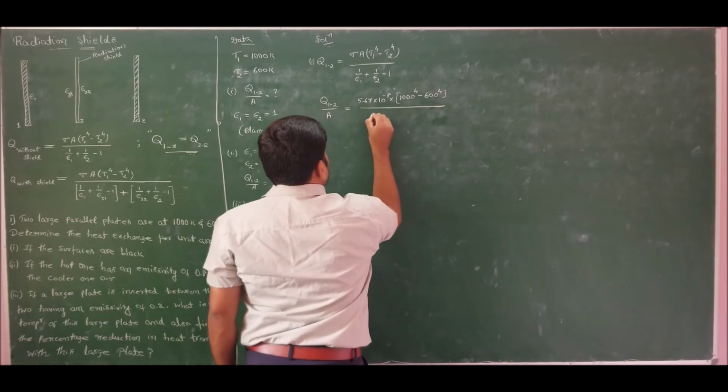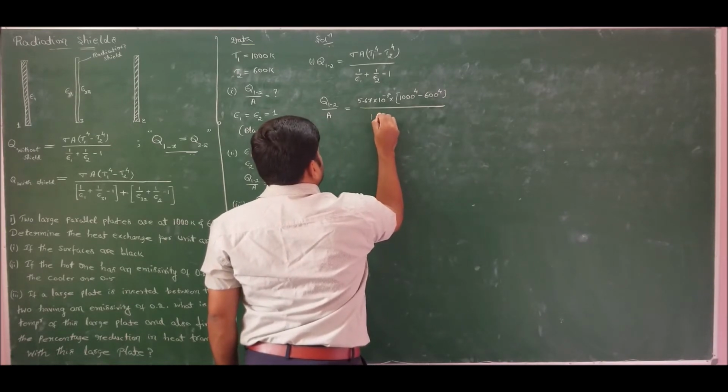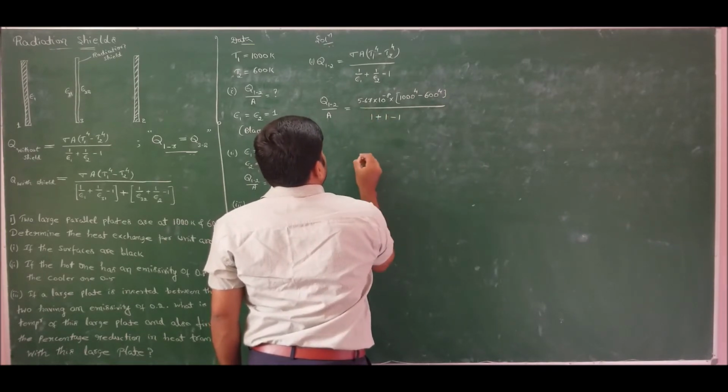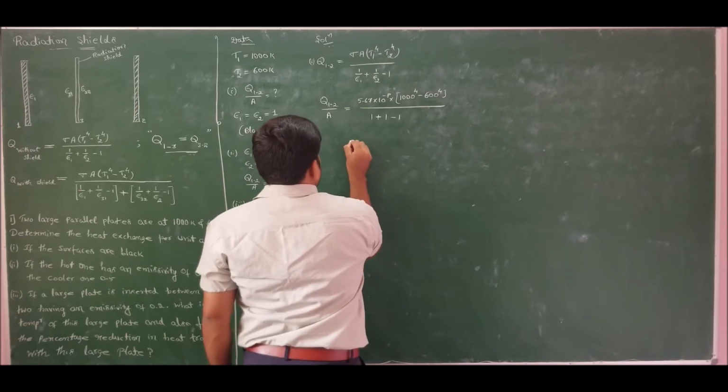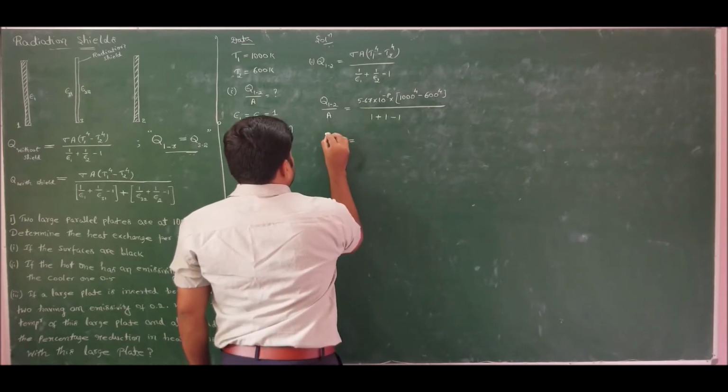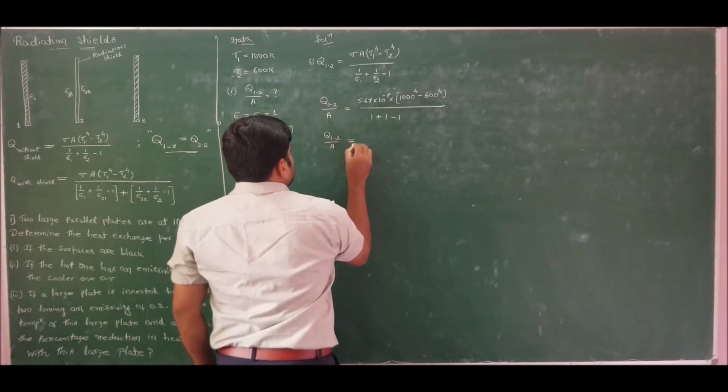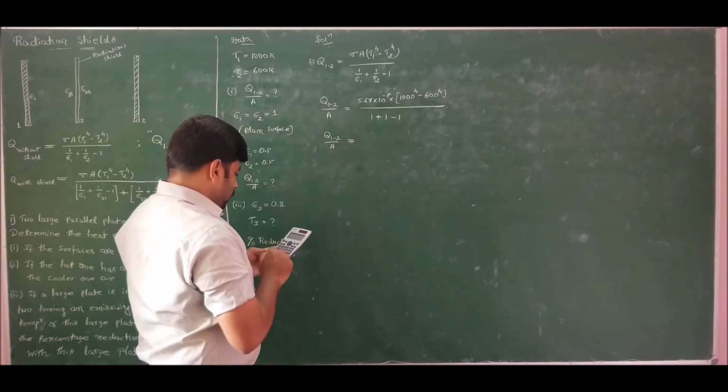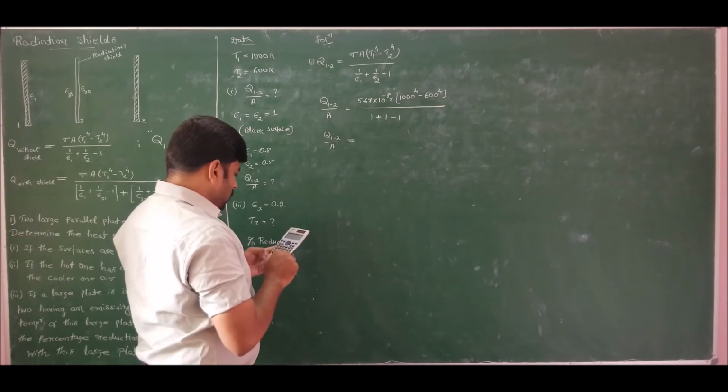divided by, for black surfaces, emissivity is 1. So therefore 1 plus 1 minus 1, 2 minus 1 will be unity. So therefore the flux by treating the surfaces as black will be 5.67 into 10 to the power of minus 8 into (1000 to the power of 4 minus 600 to the power of 4).